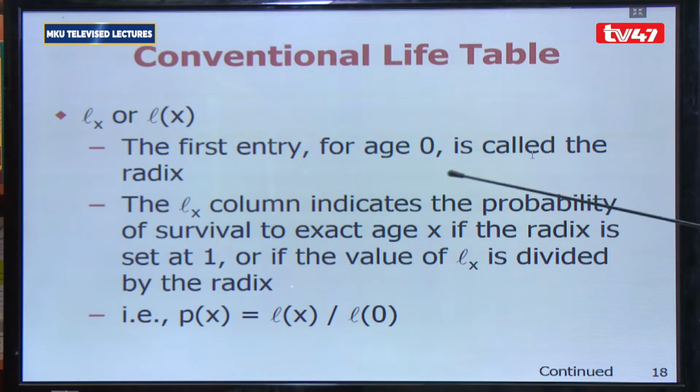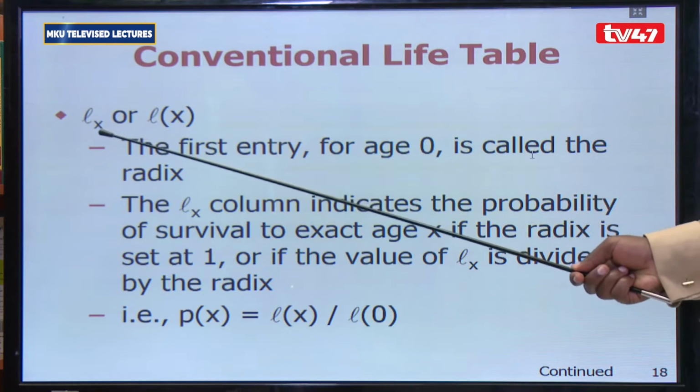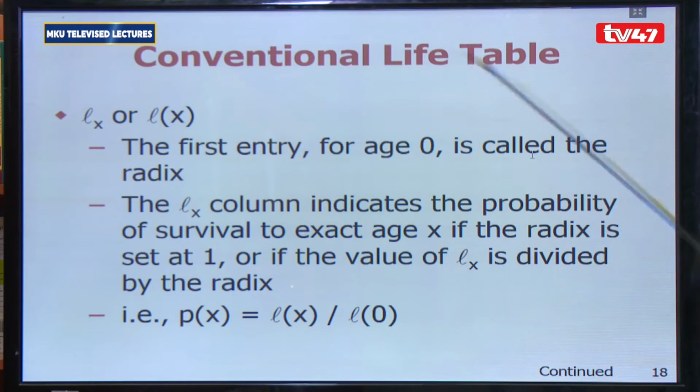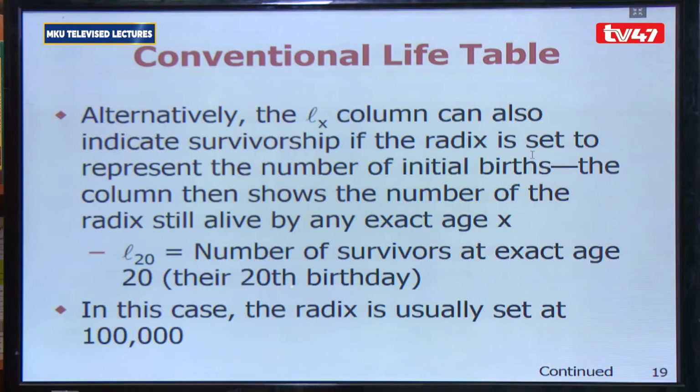Then we have lx, so this is the lowercase of the letter l subscript x, or simply l(x). Normally this is the first entry, and it is a vital entry in an actuarial table. After the age, we have lx, and it indicates the number of people alive at that particular age.